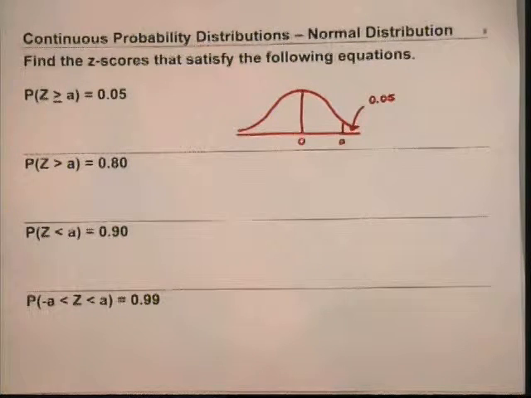Okay? So if you go to the table and look up the probability greater than z or right-hand area of 0.05, what do you get? 1.64 has a right-hand area of 0.0505. 1.65 has a right-hand area of 0.0495.